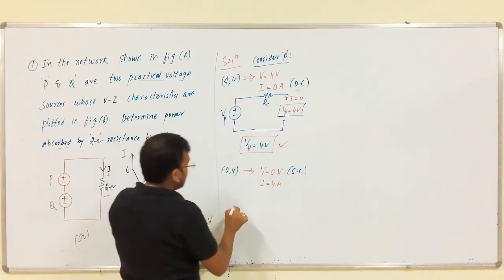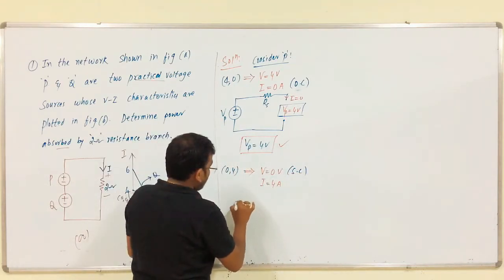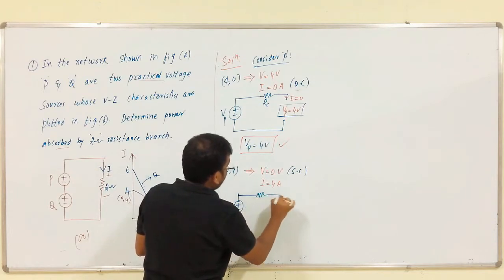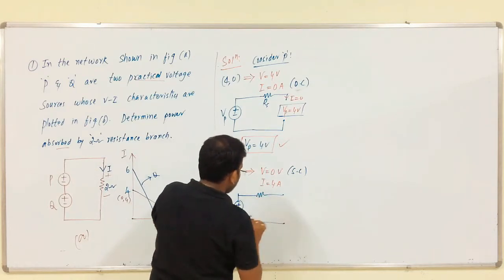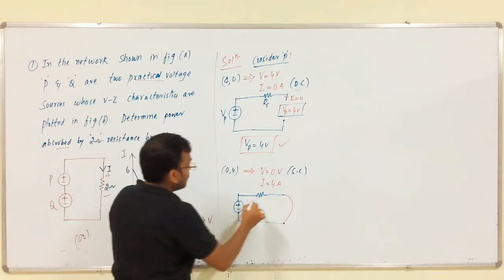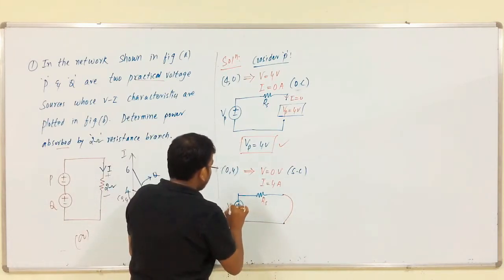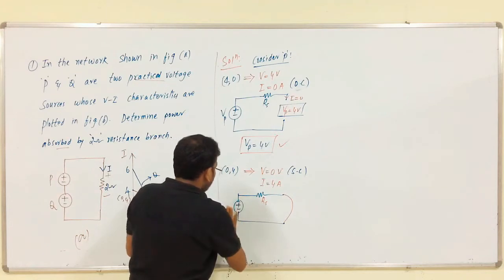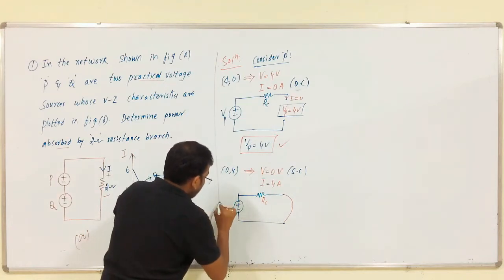Therefore, the circuit becomes plus minus. We have internal resistance, this is short circuited. So, this is RS, this is VP, which is equal to 4 volts.